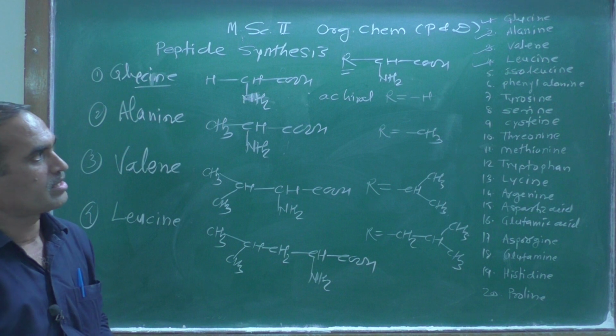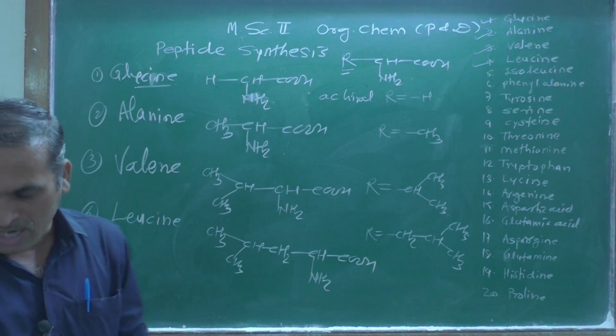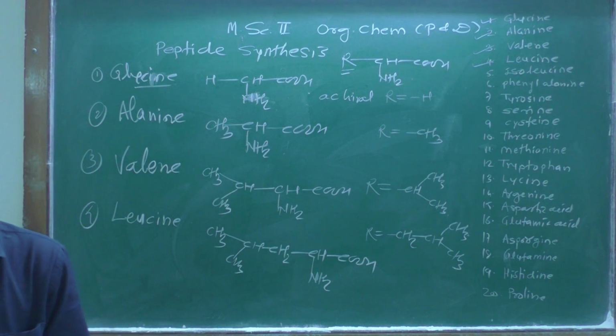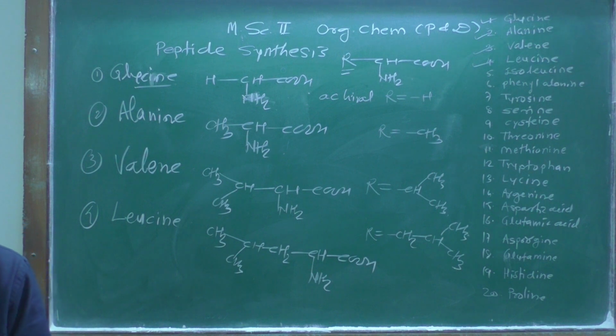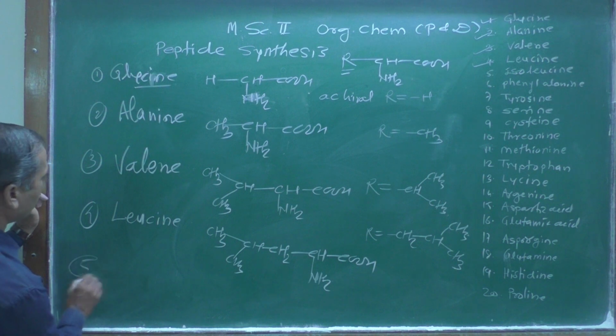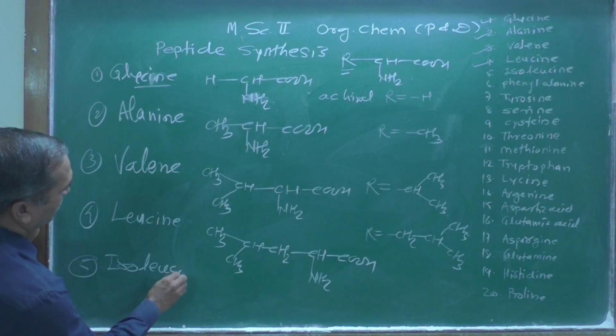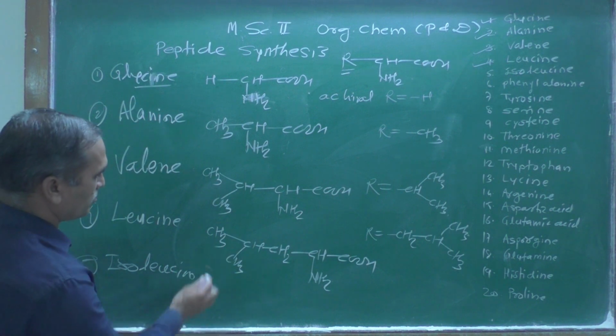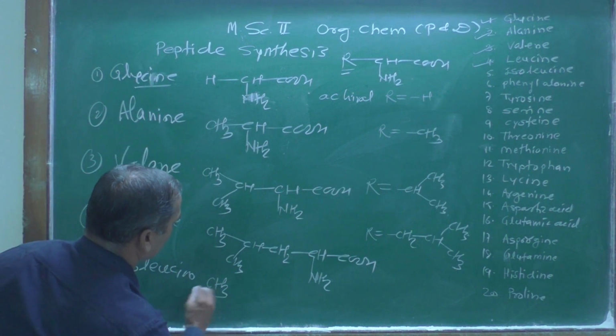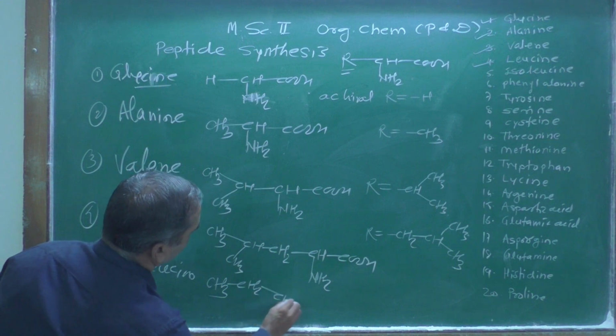Now let us look at the structure of isoleucine, the fifth one. The structure of isoleucine will be like this: CH3, CH2, then CH.